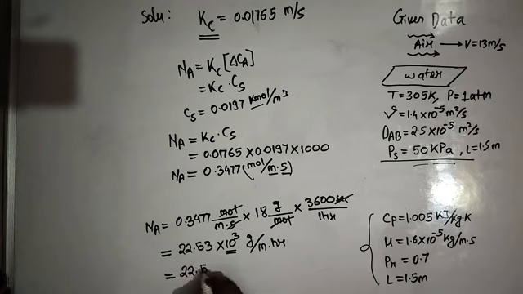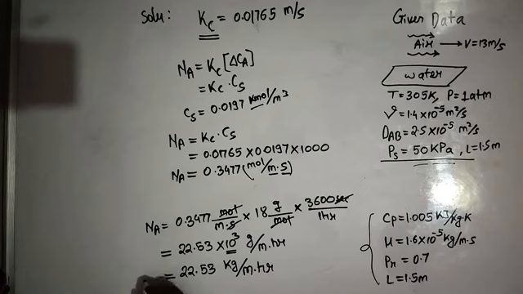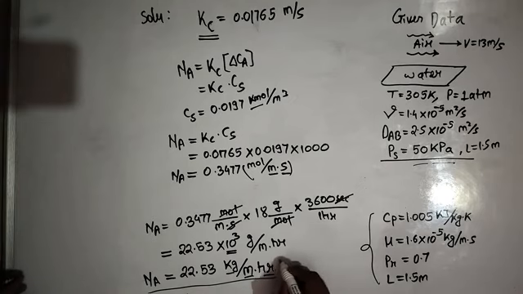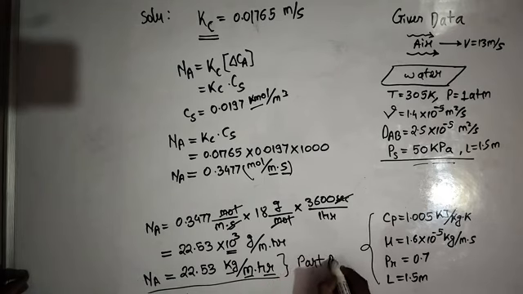So 22.53 kg per meter hour. So from this value, we get the total water loss per hour per meter width of plate in kg. So this concludes part A of our solution.